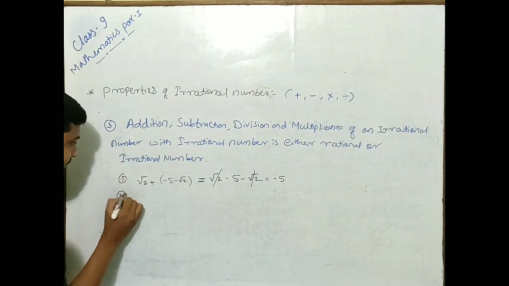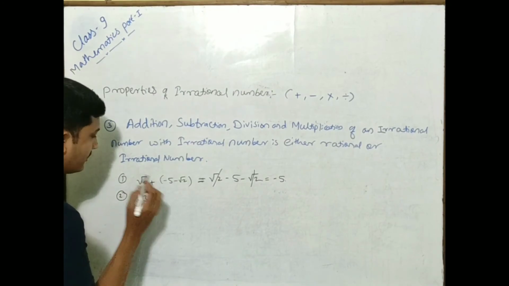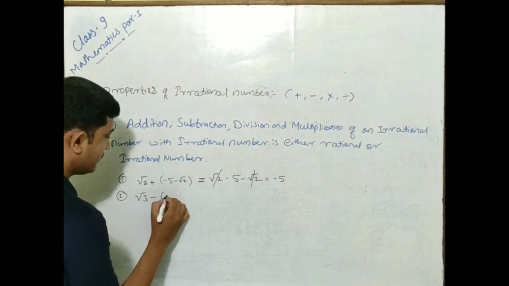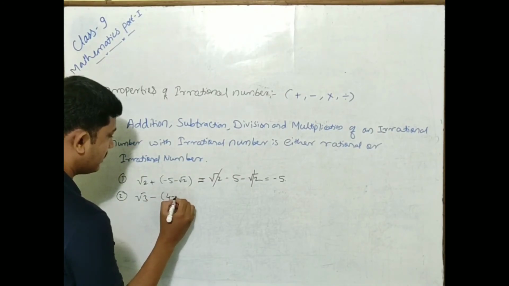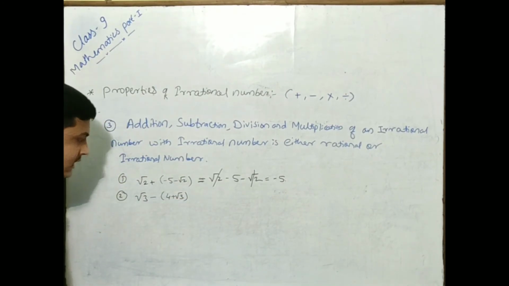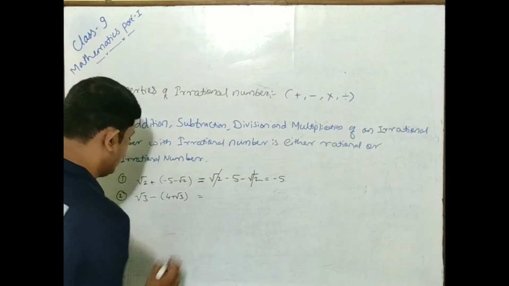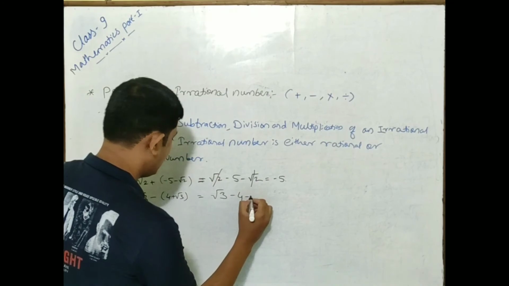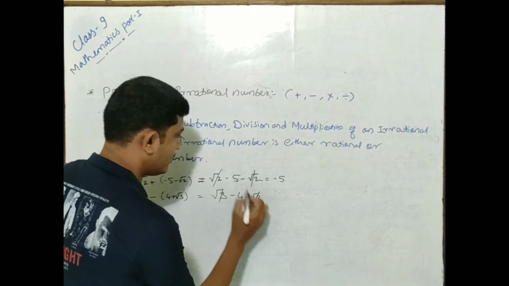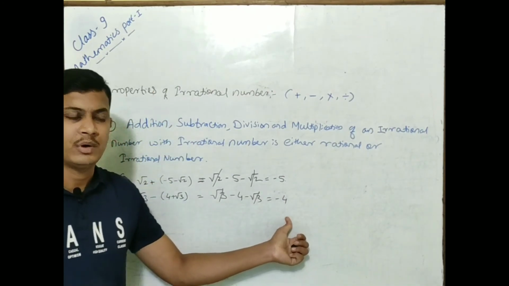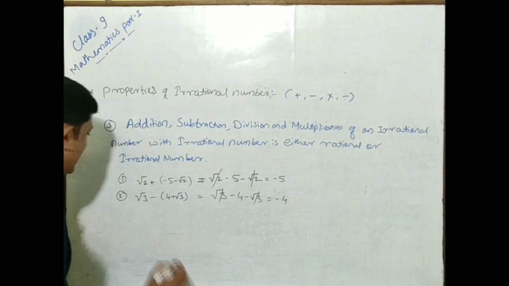Next, the second: root of 3 minus 4 minus of 4 plus root of 3. What do we get here? Root 3 minus 4 minus root 3: plus root 3 and minus root 3 get cancelled. Here we get minus 4, which can be written in the form of P upon Q. So it is a rational number.